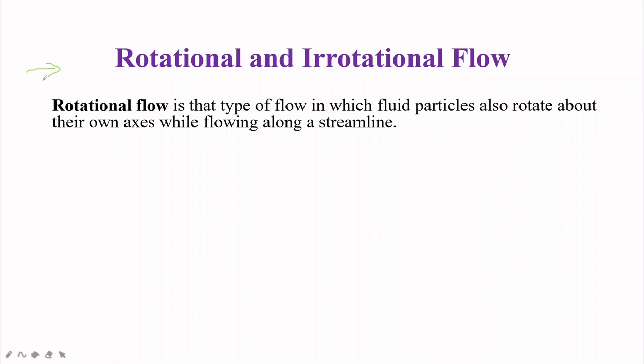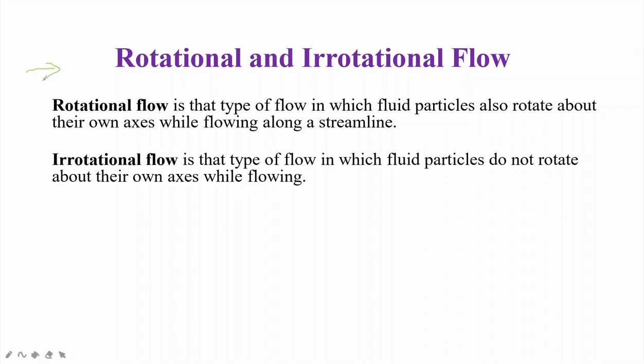That type of flow is called rotational flow. What is irrotational flow? It is that type of flow in which the fluid particles do not rotate about their own axis while flowing. If it rotates, it is rotational flow.